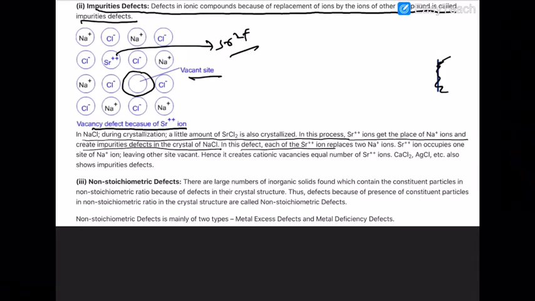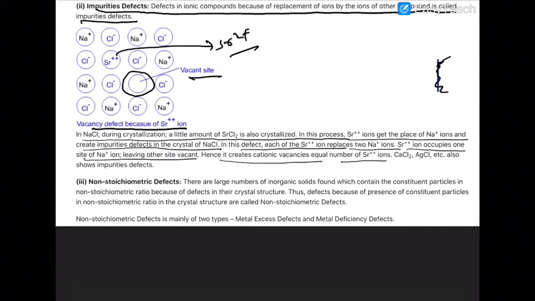In this defect, each Sr2+ replaces 2 sodium ions. So the Sr2+ ion occupies only one site but satisfies the two anions. That is the beauty of it, because it satisfies two anions but occupies only one position. So a cationic vacant space is created. Hence it creates a cationic vacancy equal to the number of Sr2+ added.